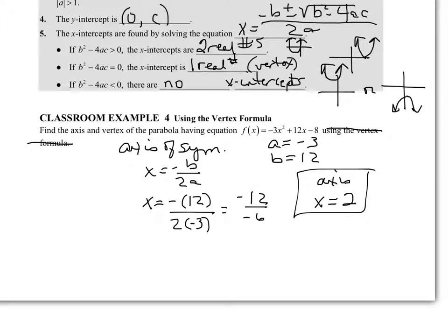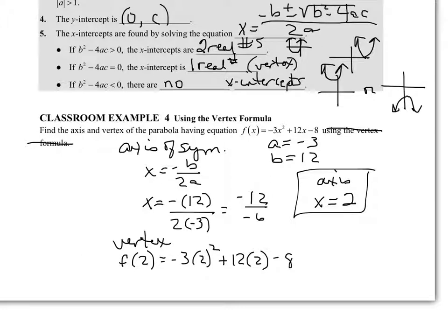Now, in order to find the vertex, remember, I need to find f of 2. I'm going to plug in the x value of my vertex in order to find the y value. So if I were to plug in 2, I'll have negative 3 times 2 squared plus 12 times 2 minus 8.